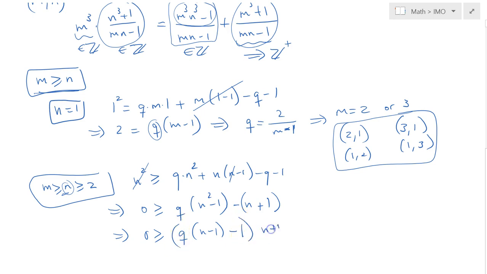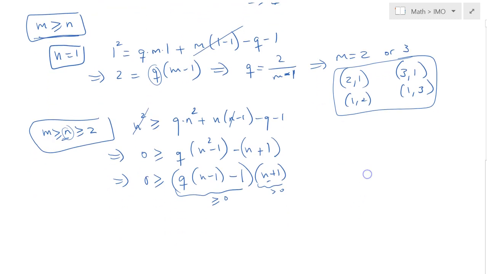times (n plus 1), but n is a positive integer, so this is already positive, suggests that this factor has to be negative as well, sorry for that.